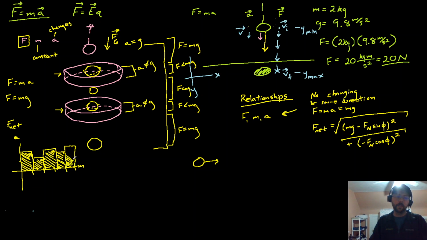So in this case, to say the net force would mean to add up the areas of all of these individual rectangles, these 5 rectangles.